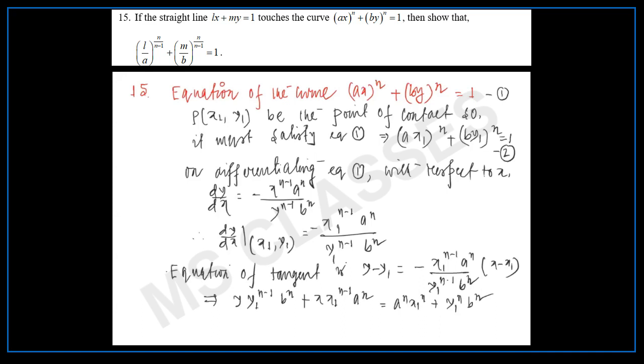Now that is 1, as by equation 2. Now we have got the equation of tangent as y1 to the power of n minus 1 b to the power of n plus x1 to the power of n minus 1 a to the power of n equal to 1.